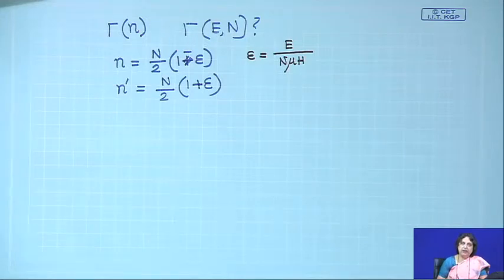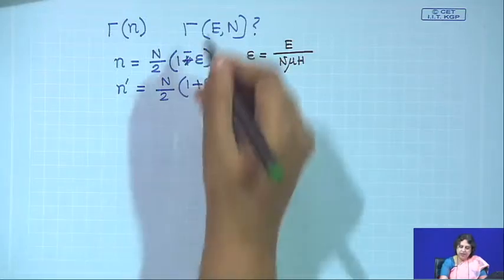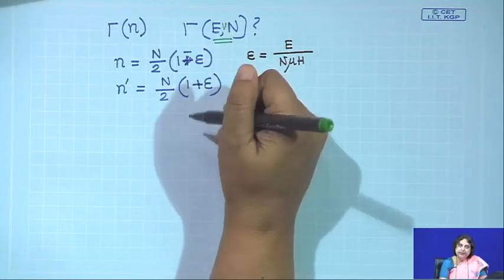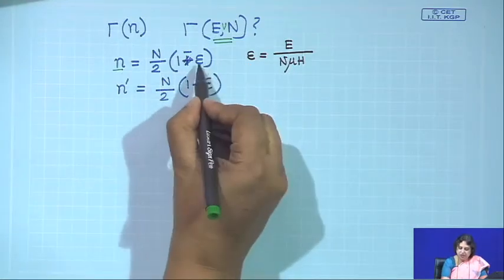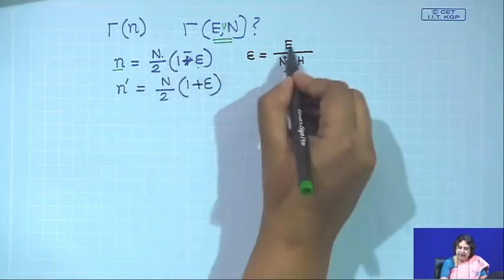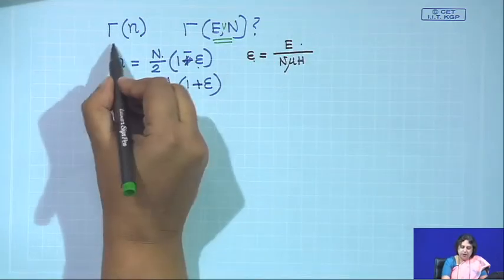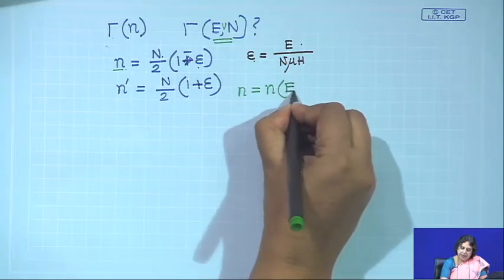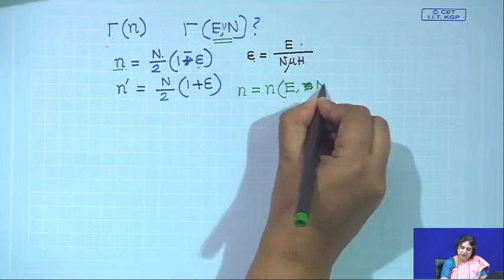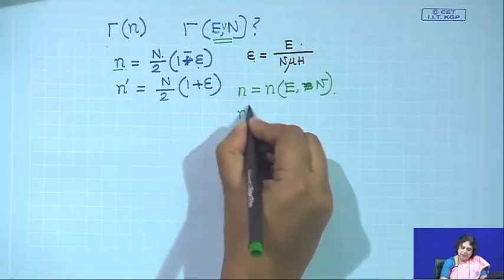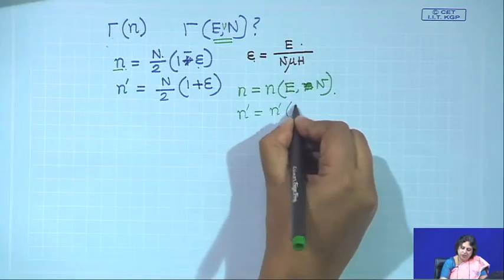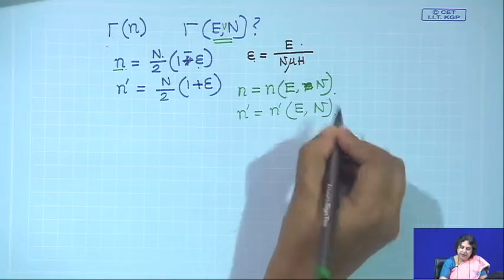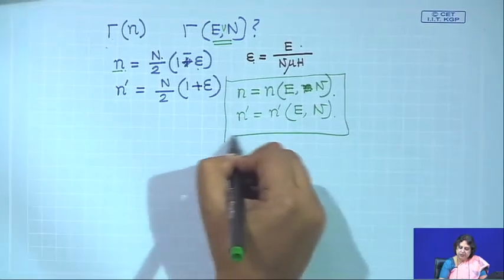As you can see, if I am representing the microstates in terms of either E, V or N, it is equivalent to say that n is a function of epsilon and N, and epsilon is a function of E. Therefore, n is a function of capital E and the total number of spins capital N, and n prime is similarly a function of E and N, and I am implicitly keeping the volume constant in which this system is present.